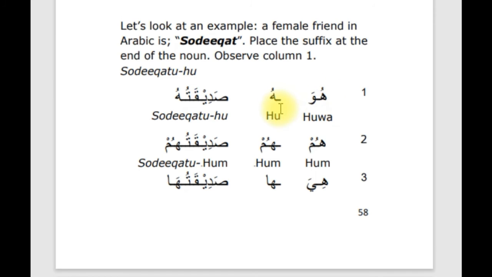Huwa, sadiqatuhu, his girlfriend. Hum, sadiqatuhum, their girlfriend. Ha, sadiqatuha, her girlfriend.